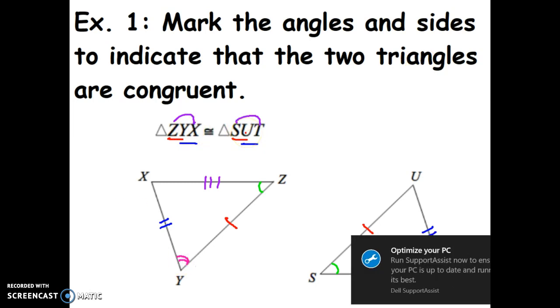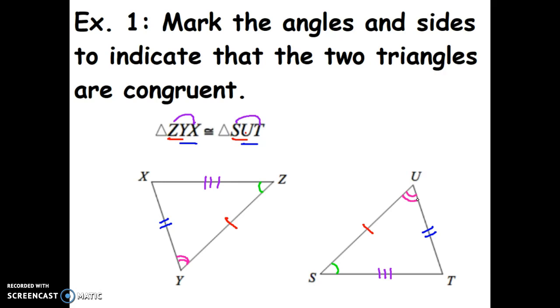1, 2. And then U will use 2 angle arcs. And then last, we have X and T. That's our third letter, so we'll use 1, 2, 3 arcs, 1, 2, 3 arcs.